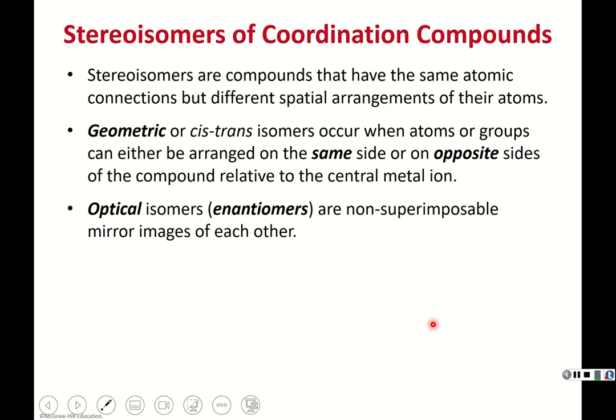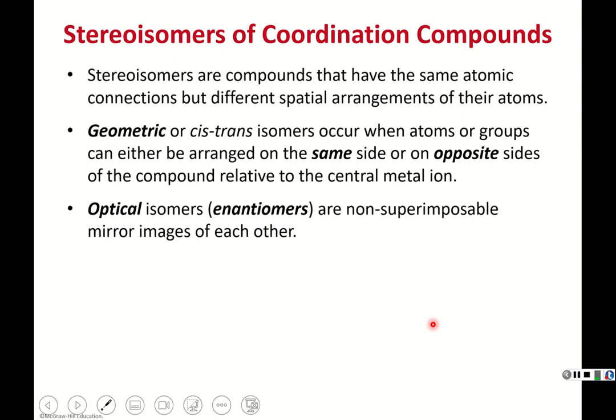Stereoisomers are compounds that have the same atomic connections but different spatial arrangements. And we've talked about those a little bit already. There are two types: geometric, which, if you want to refer to those primarily as cis and trans, I think that's what we're going to see mostly in this class. You can also call them diastereomers.